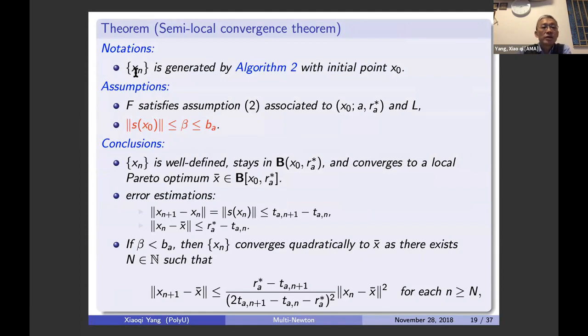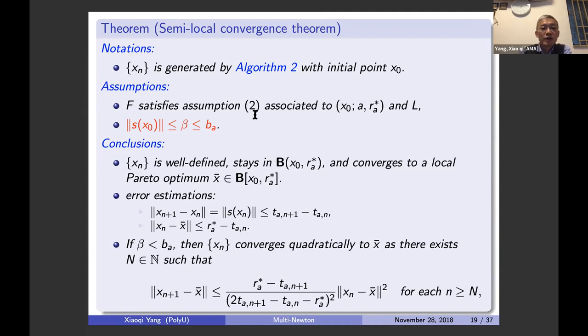We have a sequence xn generated by our algorithm from our initial point x0, and F satisfies assumption 2 associated with this x0 and A. Remember, RA star is the unique solution of h of t equal to 0.